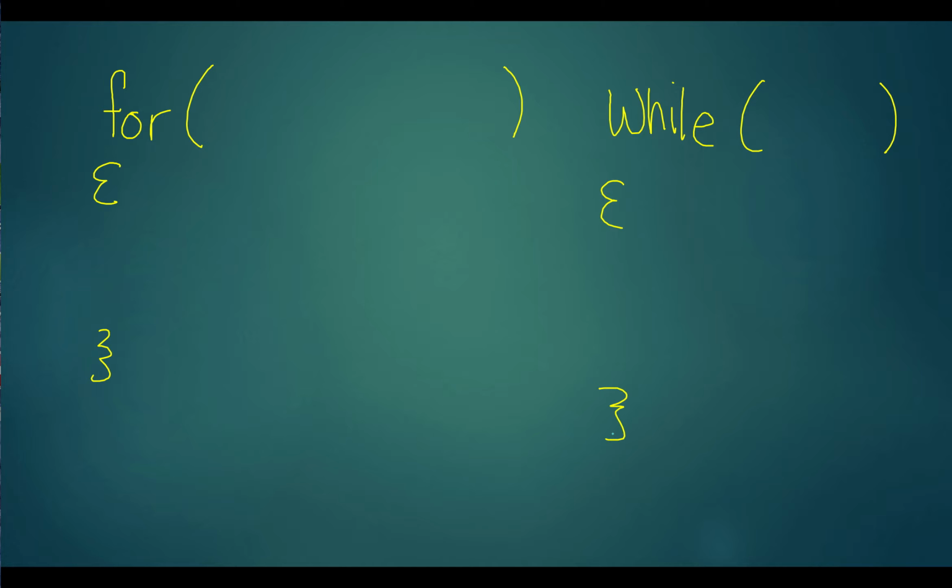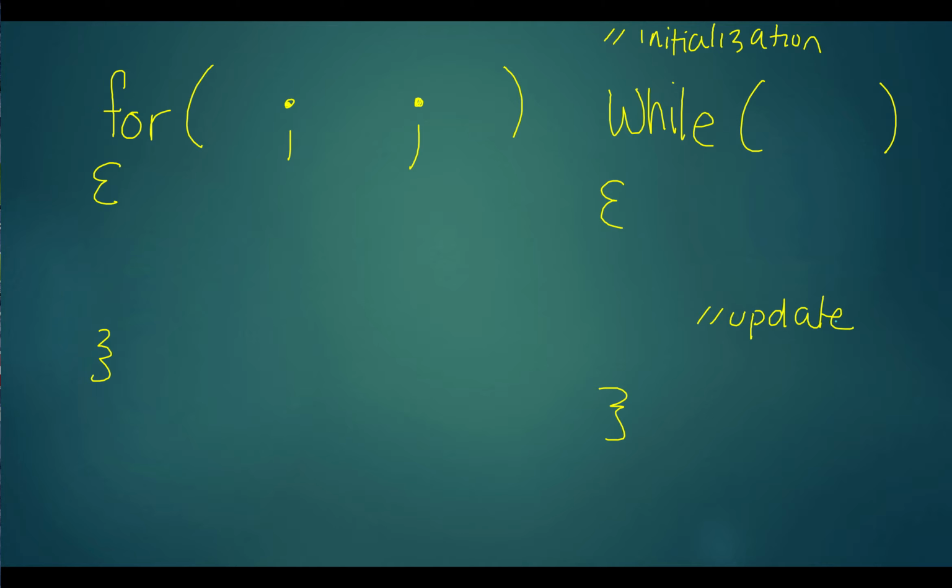The difference is that in the header of the for loop, your initialization, test, and update are all inside the for loop header. In a while loop, you have your initialization before the test, then you have the test, and then you have the update step somewhere inside of the while loop.